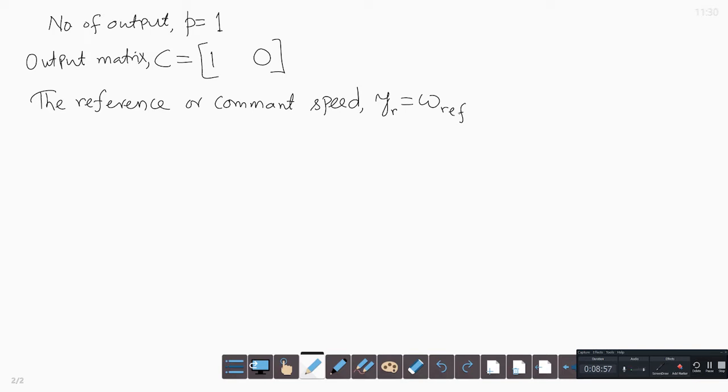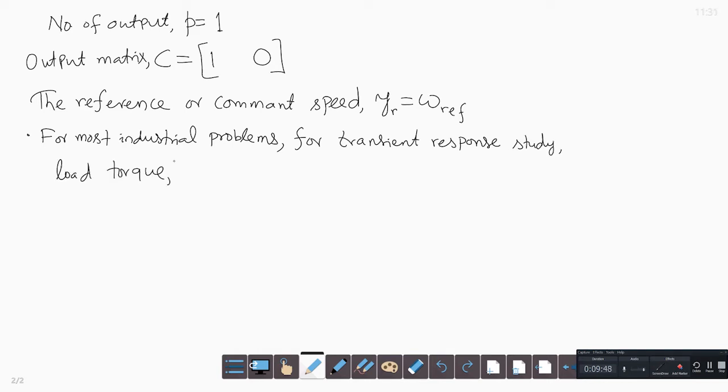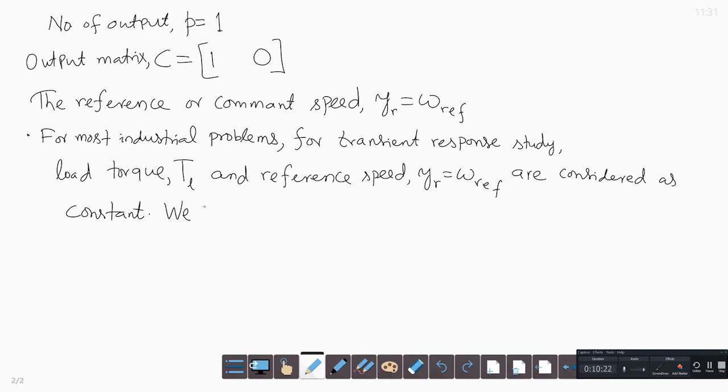For most industrial problems, for transient consideration we consider load torque TL and reference speed to be constant. That means we consider only step changes in load torque and reference speed. When you consider step changes at time t equals 0, we can perform the transient study while considering TL and omega reference to be constant.